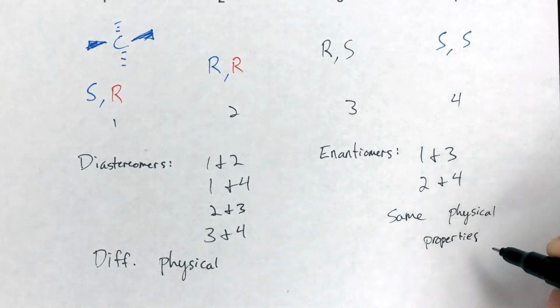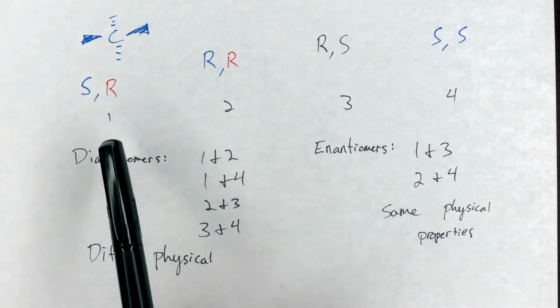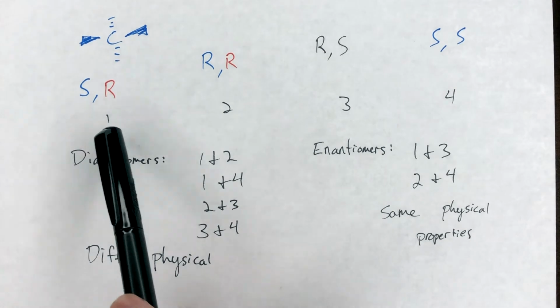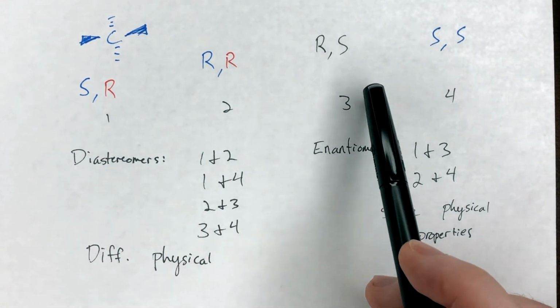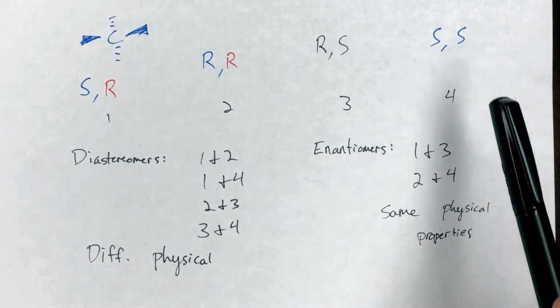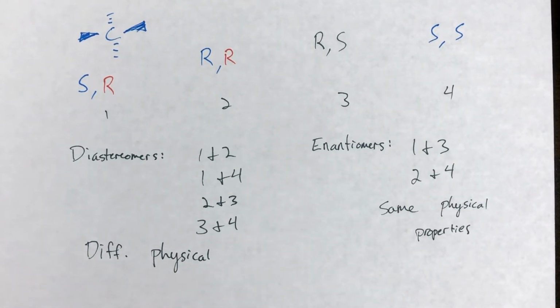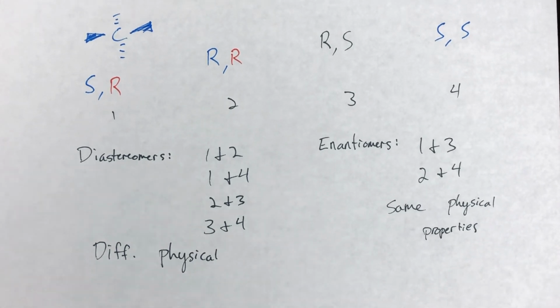And then to check if these are all the possibilities, you should just go through and see if these are all the pairs that you can have. So you can have 1 and 2, which we have, 1 and 3, which we have, 1 and 4, down here, 2 and 3, we have here, 2 and 4 is present there, and then 3 and 4 is the last pair, which is present. So we have 6 possible pairs here, they're all accounted for, and that is how you solve this problem.